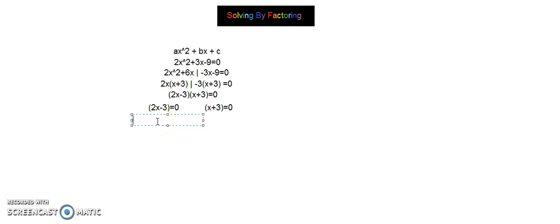So in this equation, we would subtract 3 from each side. So we would be left with 2x equals negative 3, and then we would divide by 2 to get x by itself. So in this equation, x equals negative 3 divided by 2, or negative 3/2.